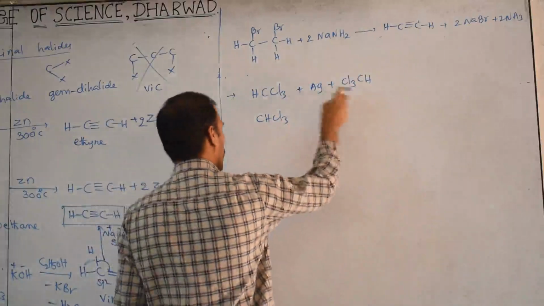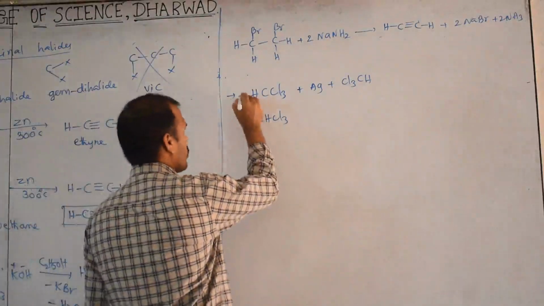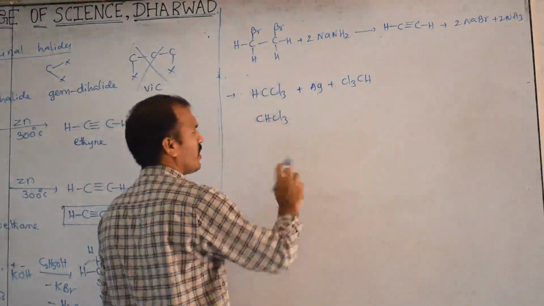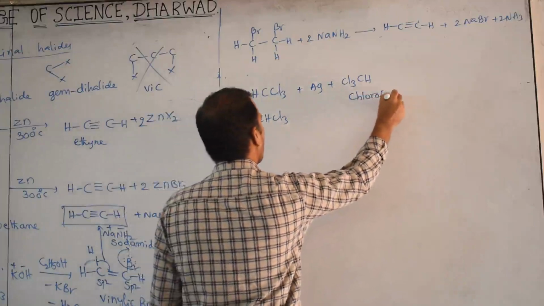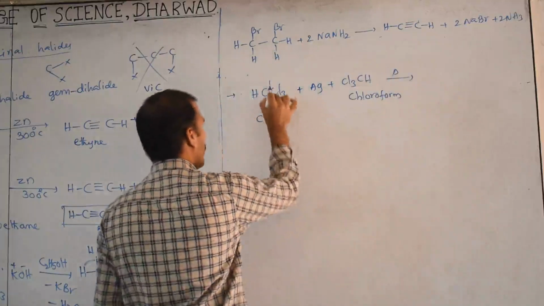This is also chloroform, this is also chloroform. You can write 2 directly, but for your convenience I wrote 2 separate chloroforms. Then, chloroform heated with silver powder, this Cl will be lost.